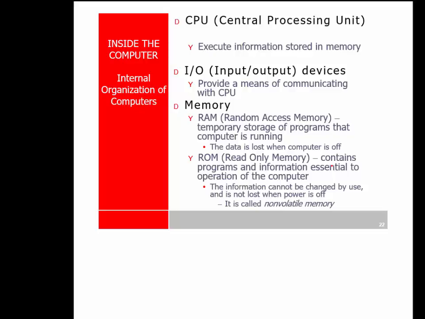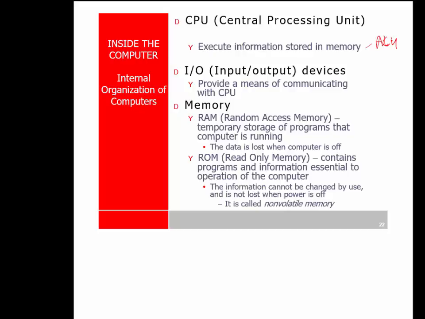The CPU is a central processing unit. That actually is what does all the thinking. It moves all the data around. It does all the math, does all the logic functions. And that's also referred to sometimes as the ALU, arithmetic logic unit.